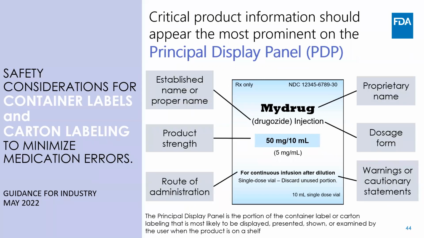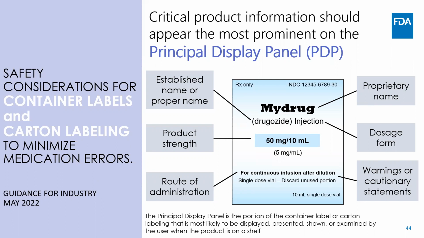So when DMEPA reviews the labels and labeling, we ensure that critical product information, which is the proprietary name, the established name or proper name, dosage form, strength, route of administration, and any warnings or cautionary statements, should appear prominently on the principal display panel or PDP to maximize readability.